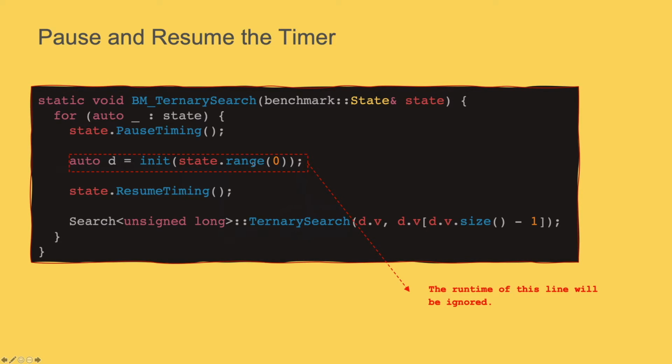So to do this, this state provides two methods, PauseTiming and ResumeTiming. So all you're saying here is let's pause the timer, let's initialize the data, and then resume the timer. At this point, all the time being accounted for is just for ternary search and not this initialization.